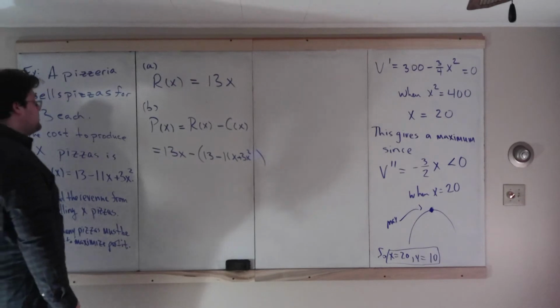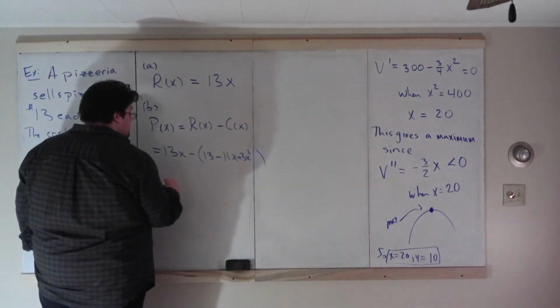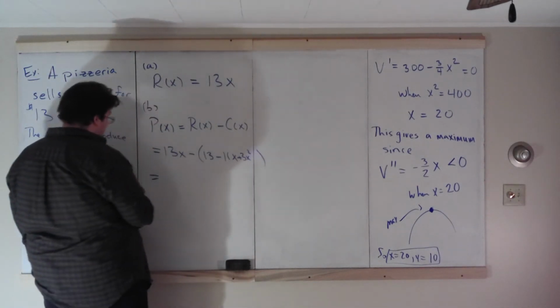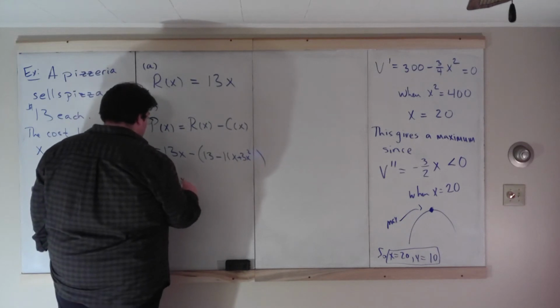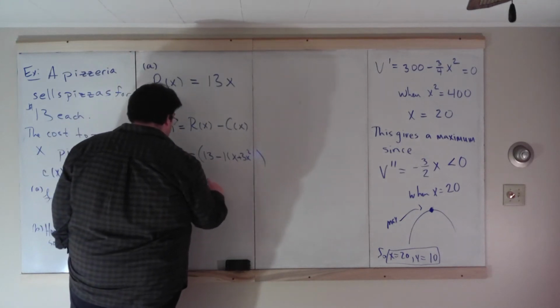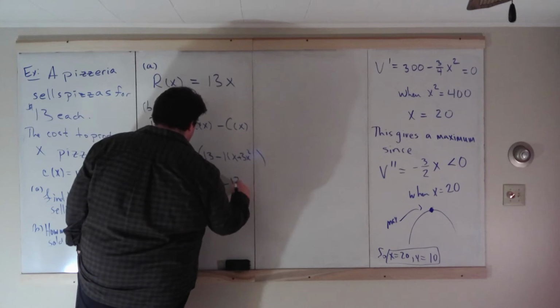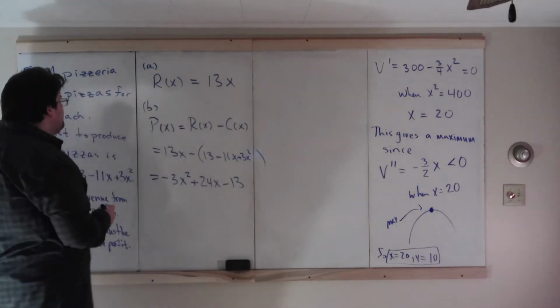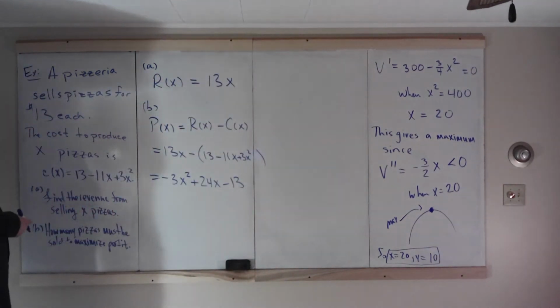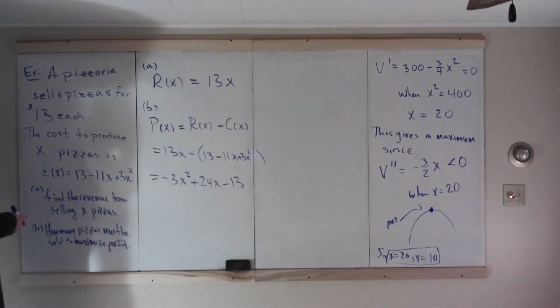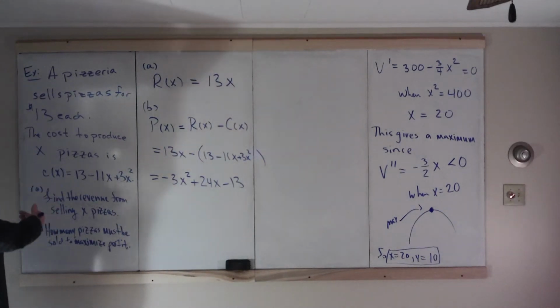Subtract the entire cost function, simplify this, and what do you get? You get negative 3x squared plus 24x minus 13.